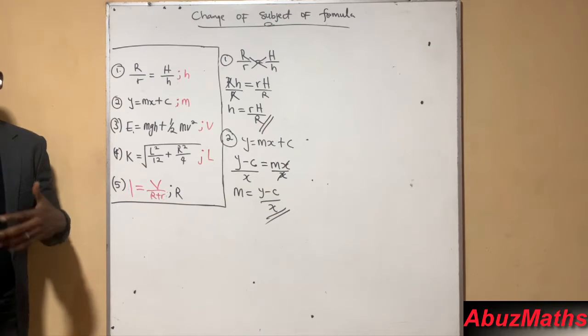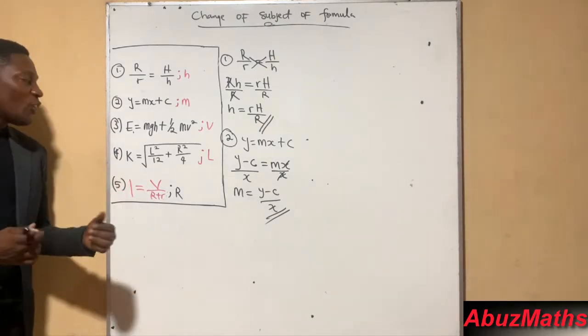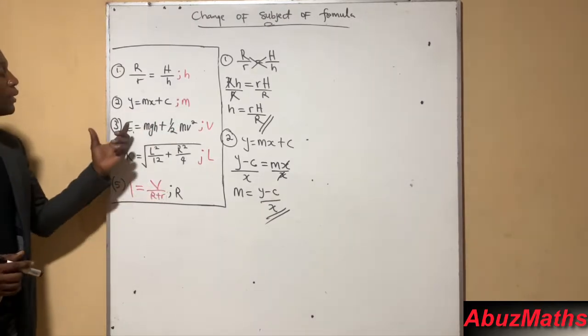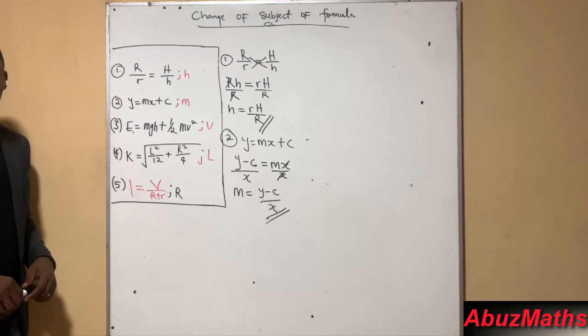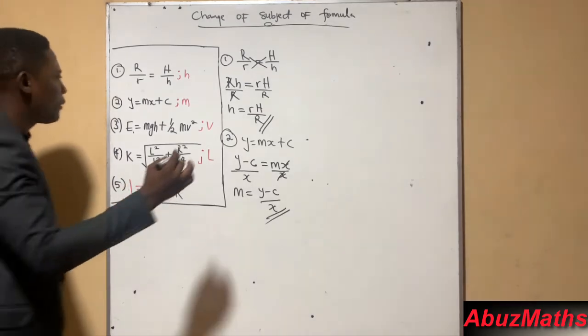Okay, it becomes more tricky when it comes to squares and square roots, and that's why I brought in some questions on square and square root. So let's try number 3.